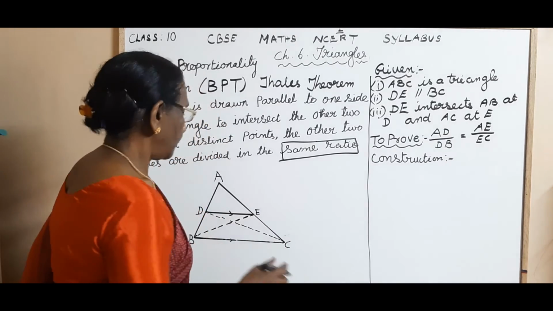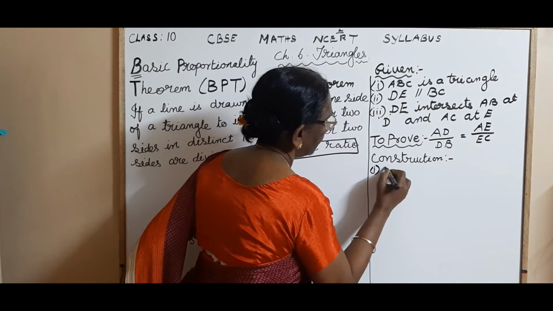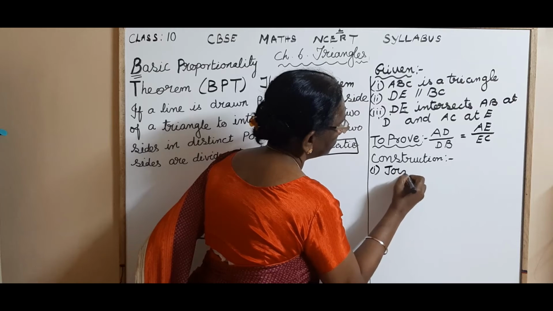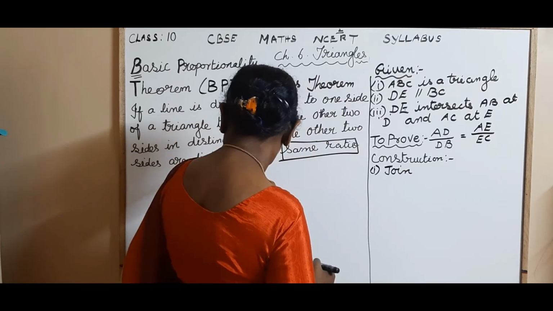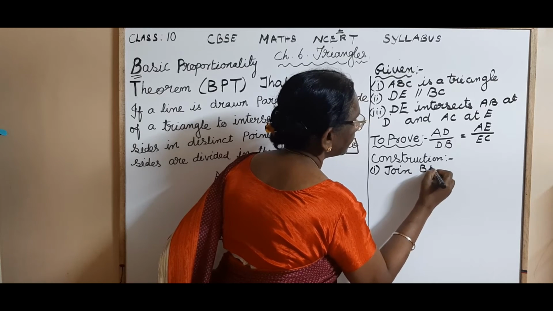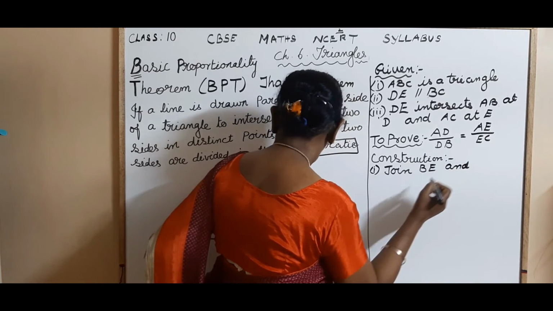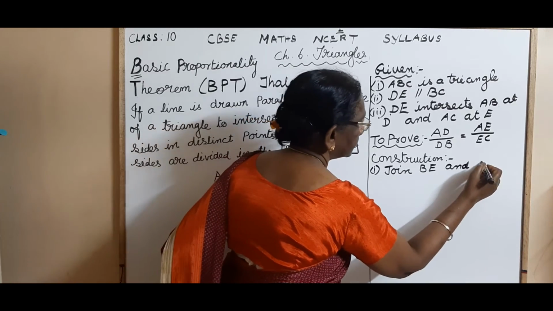Is it clear, children? So first you have to write: join BE and CD.